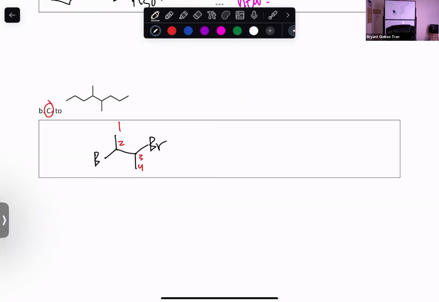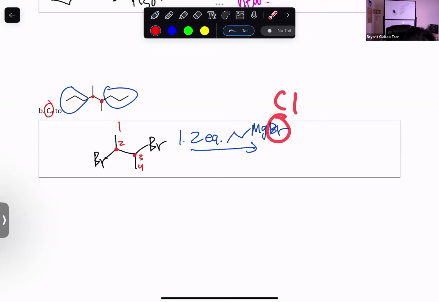Br, Br. Let's say these are the electrophiles, which are these dots right here. And then let's say that these are the new R groups. And then we're going to say 2 equivalents or excess amount of 1, 2, 3 MgBr. It has to be the Br, not the Cl, because Cl is too weak. Oh, and that's it.